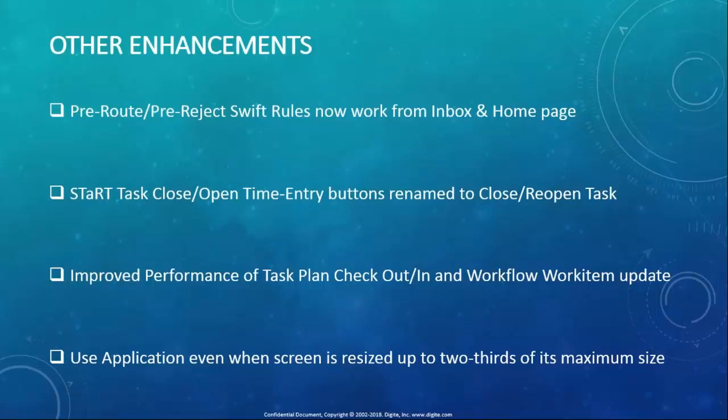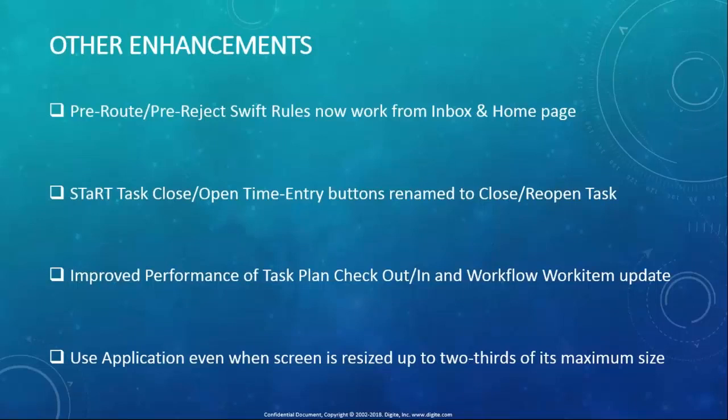Essentially this is done to make sure there is no ambiguity on what the functionality is expected to do. Since they were indeed closing the task or the task assignment, we have renamed it to close or reopen task or task assignment. So wherever in your application you have a start task plan, the button names will now show up as close or reopen task.